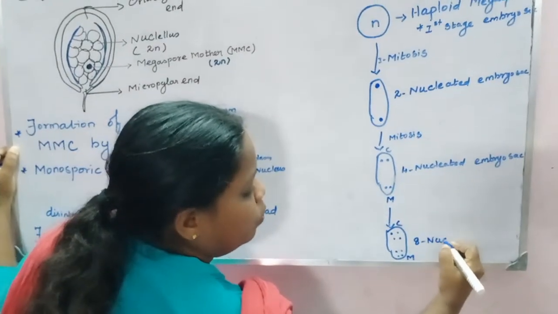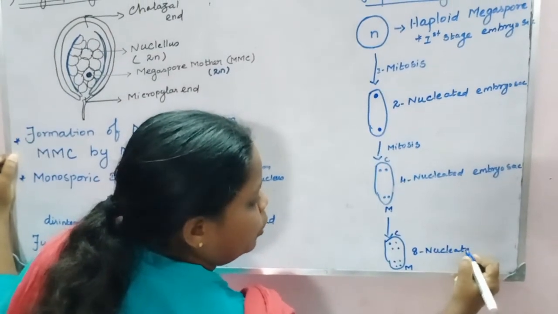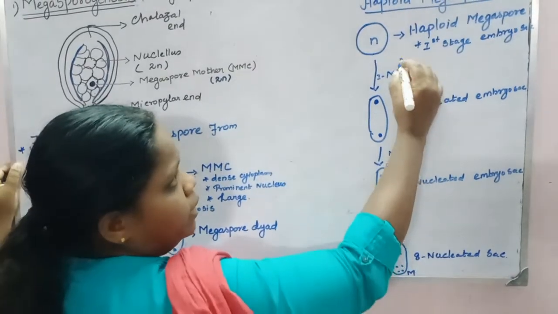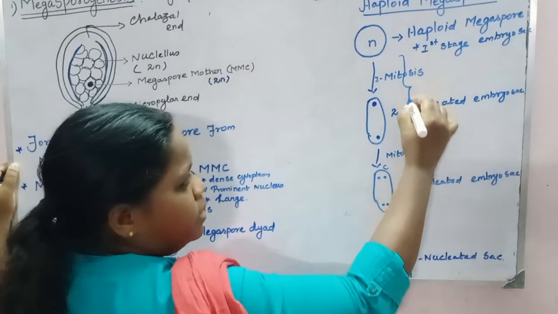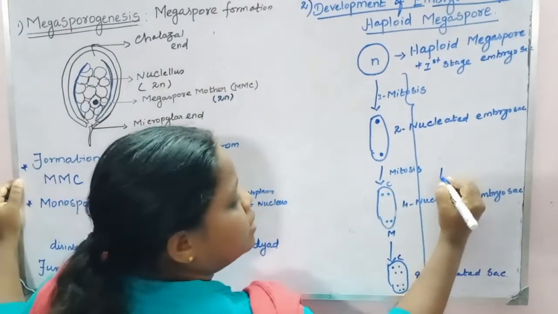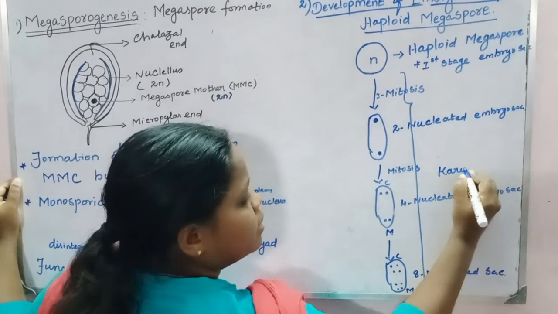Children, when you look here, three mitotic divisions occur. This is called karyokinesis.